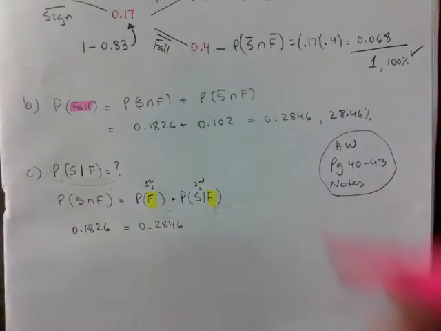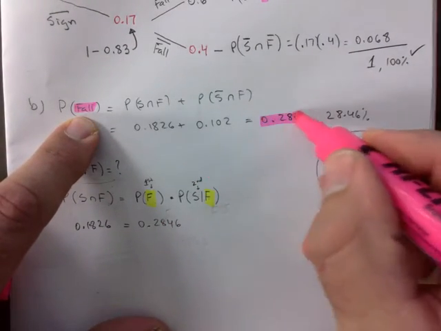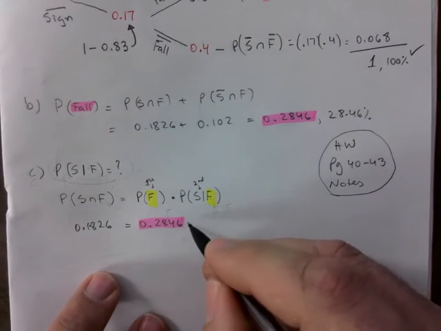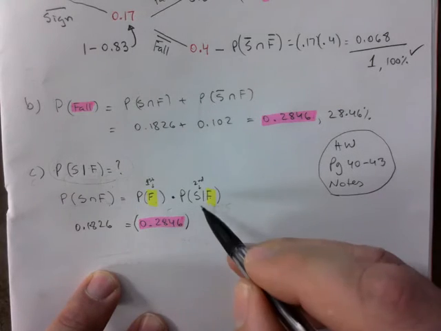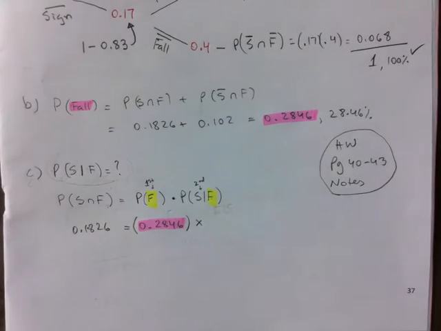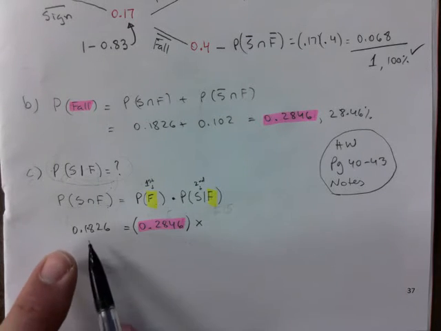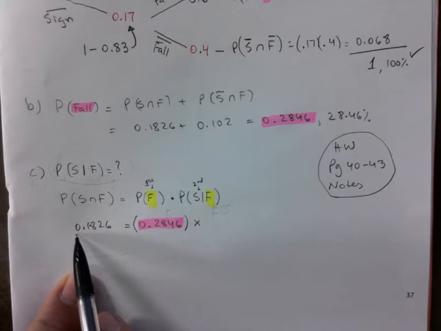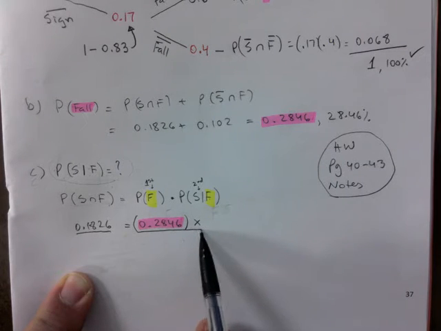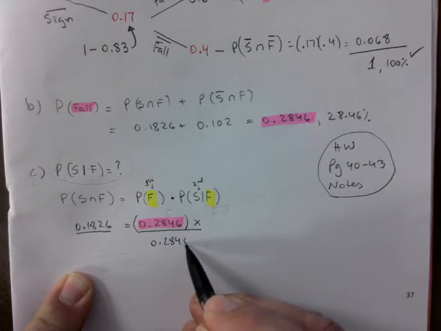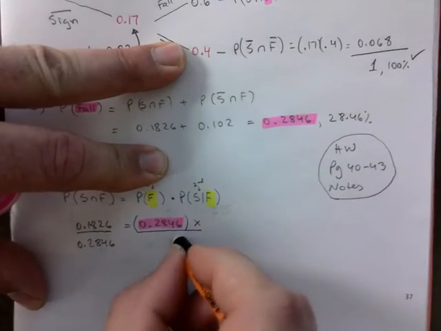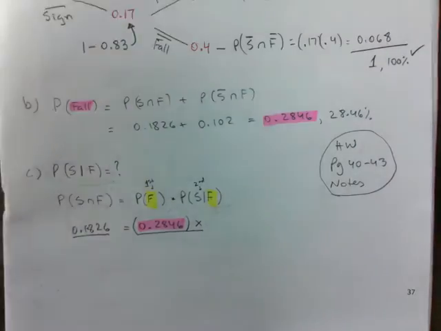Let's do pink here. I did probability of fall, I figured it out here, and it shows up here. Probability of falling, and this one here, I put in brackets and turned into x. I don't want to keep rewriting that notation. So now basically you have the equation partially filled in. You've got 2 out of the 3 things. What are we going to do now? We're going to divide both sides by 0.2846. I'm going to use a red pen for that, just because.